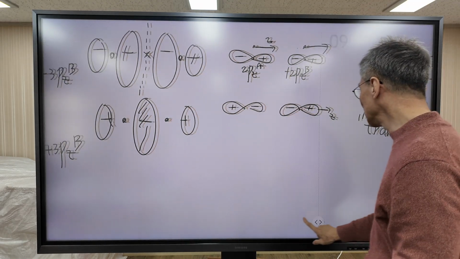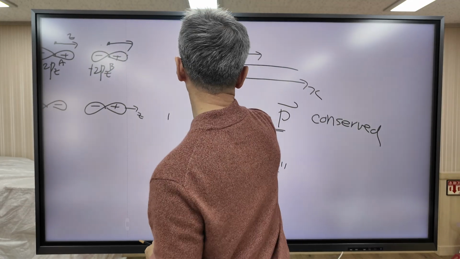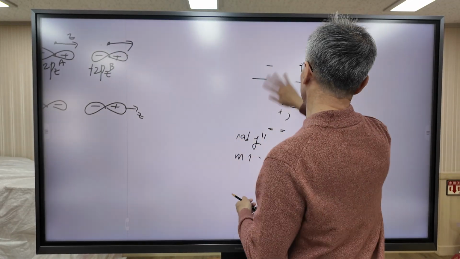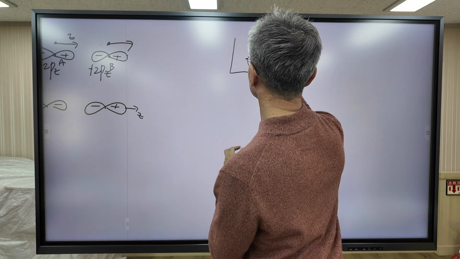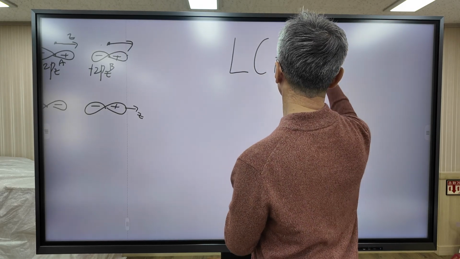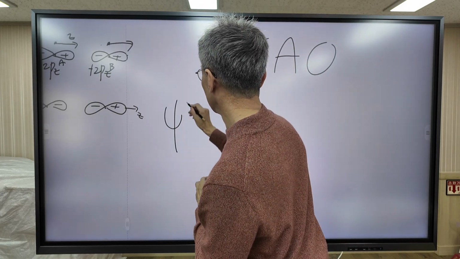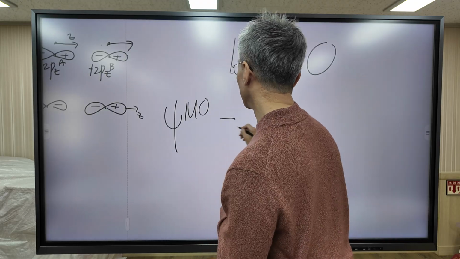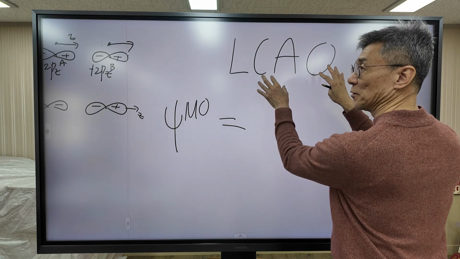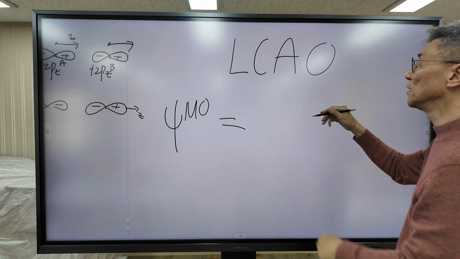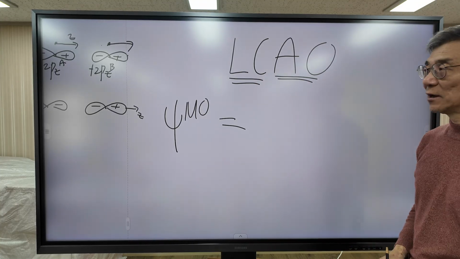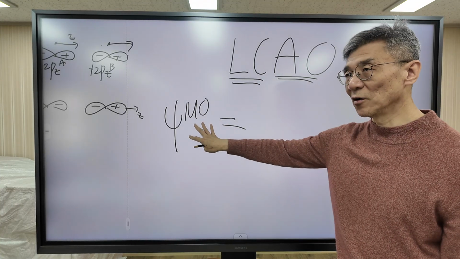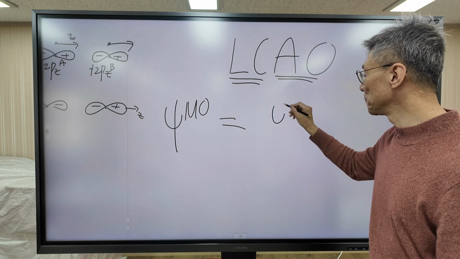To construct molecular orbitals, we are going to use this approximation. This approximation stands for linear combination of atomic orbitals, LCAO. The formula looks like this.